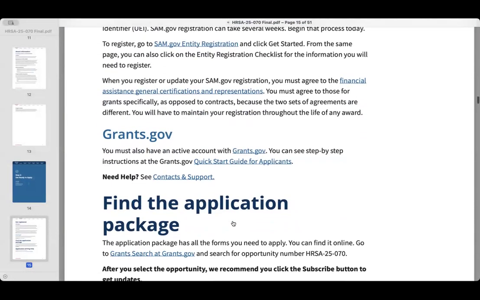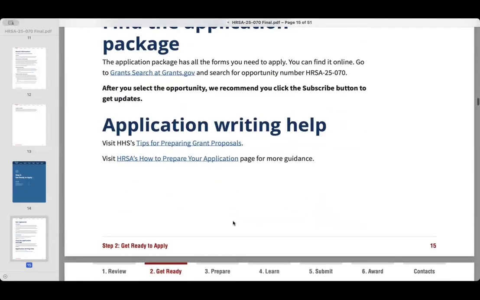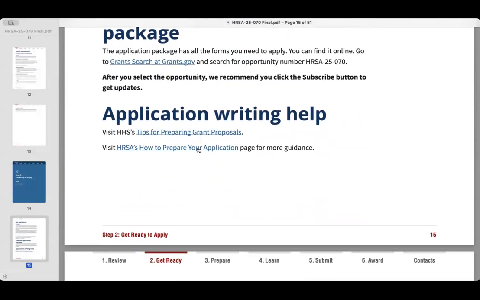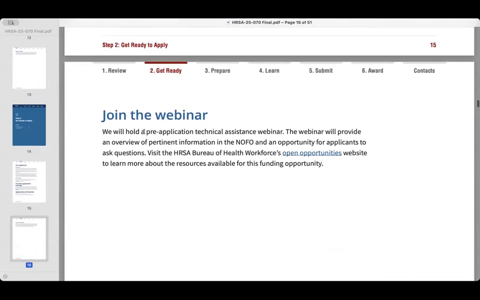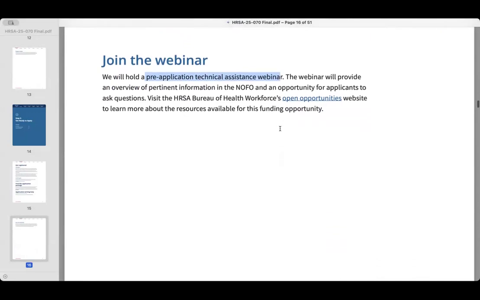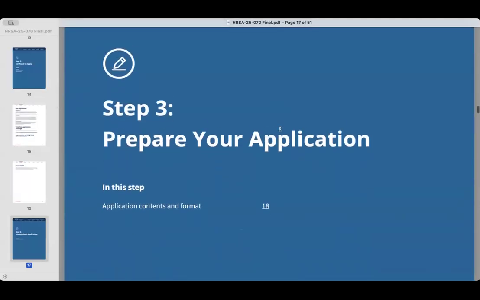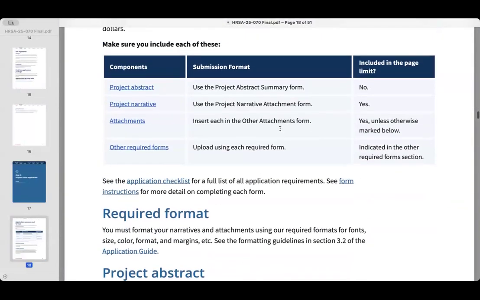And the important thing is to not be trying to do this the day that something is due. Now, they have tips for preparing grant proposals and how to prepare your application. I highly recommend that. And they normally hold a webinar here that you can track. And I would recommend also subscribing to their application list.